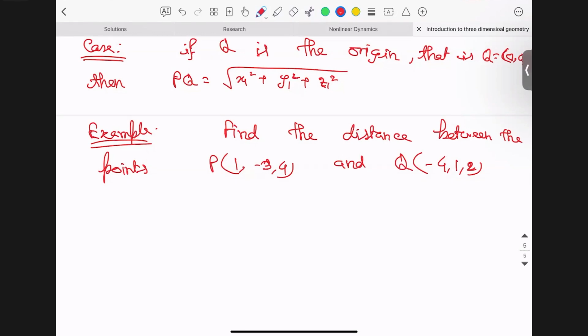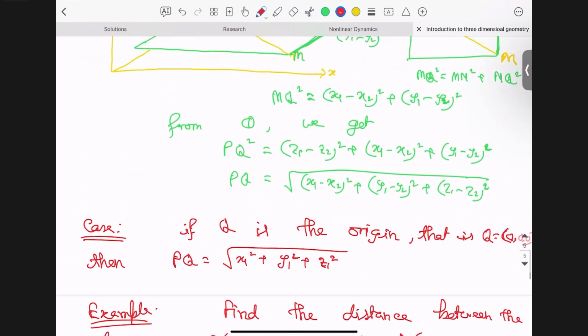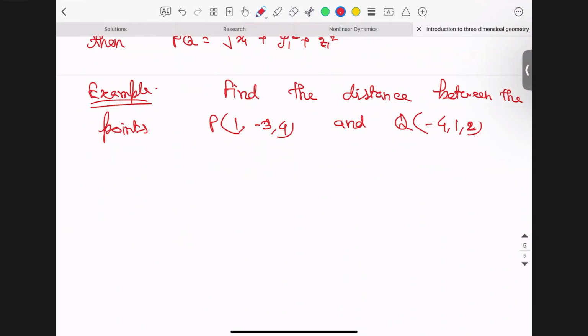So one thing you can do is first put these points in 3D space, and you can place them accordingly. Depending on the sign, you can put each in the proper octant. After that, you can use the formula, or you can use the whole concepts behind this, but the best way is just to use the formula.